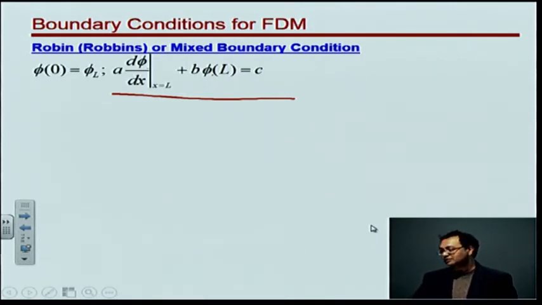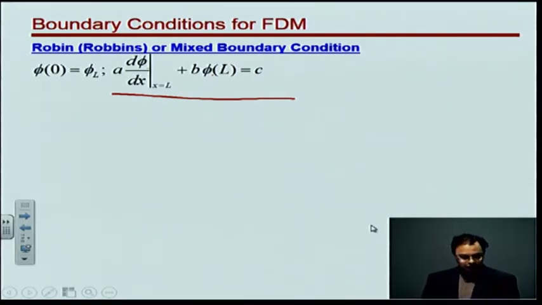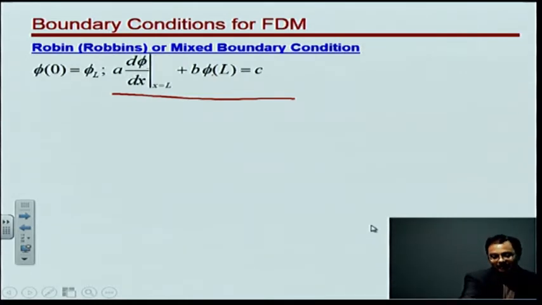So this is, I would say, the most common one. If you're writing a general purpose program, this is what you program in, and then depending on what boundary condition you want, you can set either a or b equal to 0. Now, one might ask, when do you encounter such boundary conditions? Let me give you an example here.